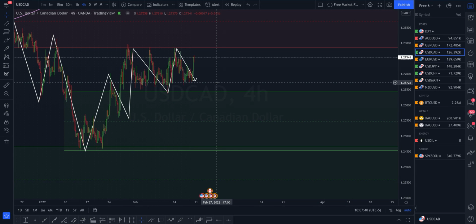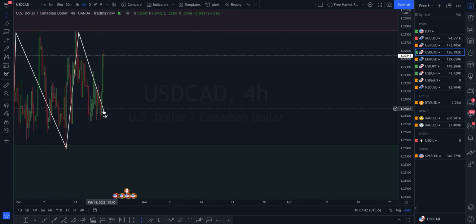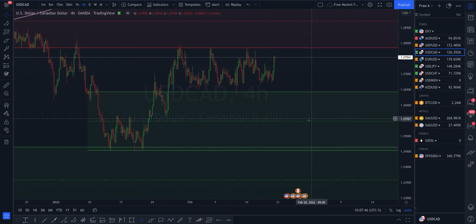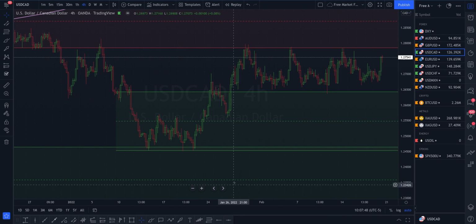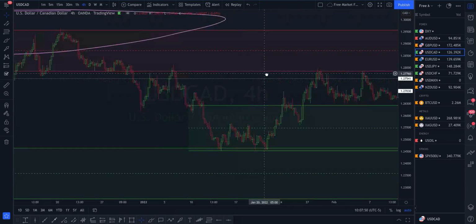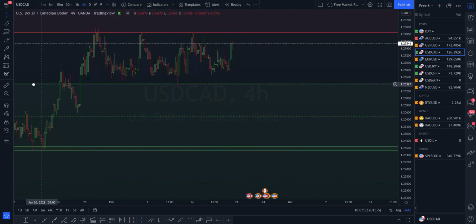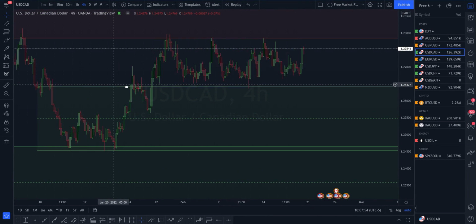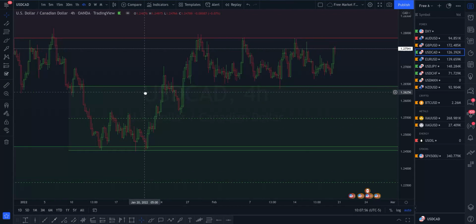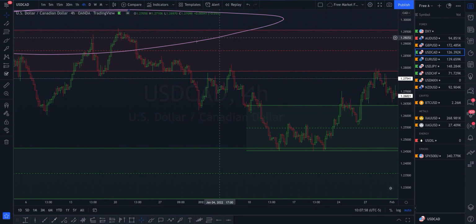So let's look for places where we can take trades off of USD CAD. This has been disrespected.